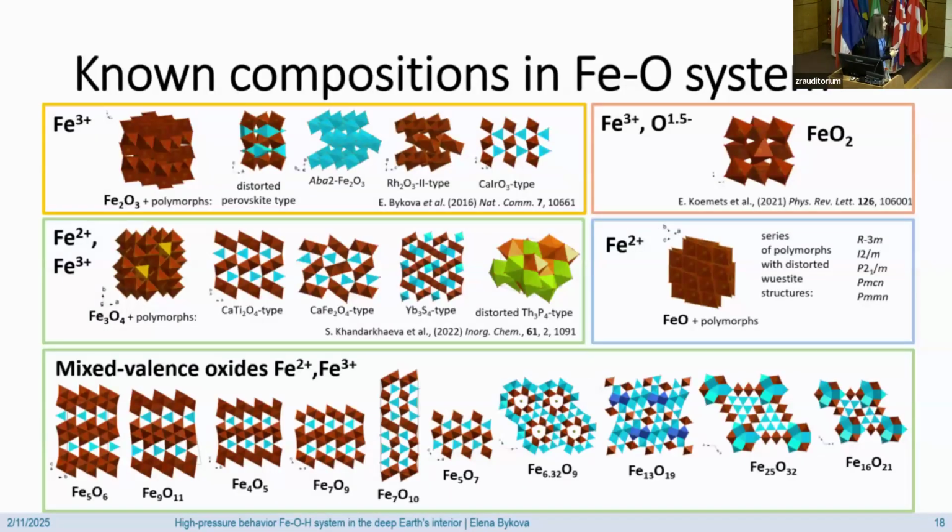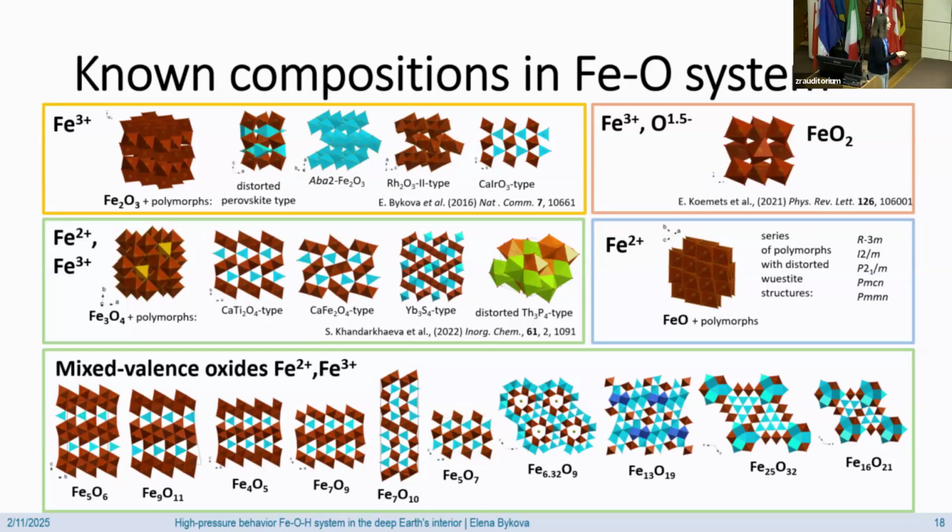So really, iron oxides exhibit very, very rich chemistry and crystal chemistry, also because of having several oxidation states. Every oxide with a different ratio of oxidation states can have different high pressure phases.